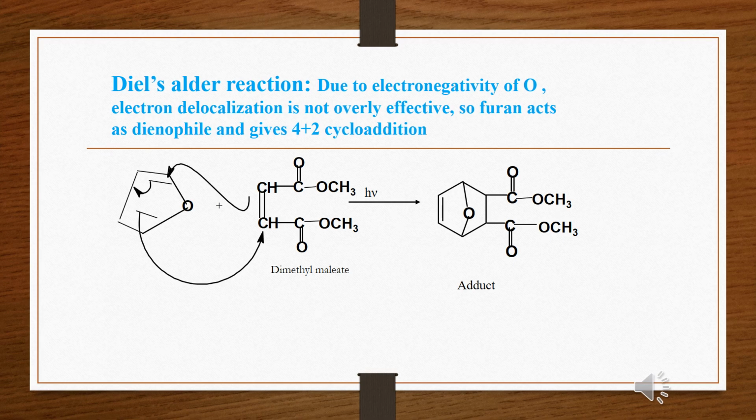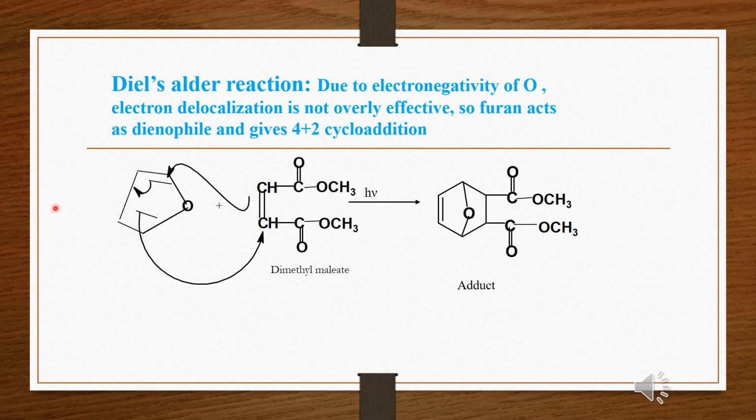This one is the most important one, the Diels-Alder reaction. They will ask why furan gives the Diels-Alder reaction. Due to electronegativity of oxygen, electron delocalization is not overly effective, because oxygen will attract all the electrons towards itself.